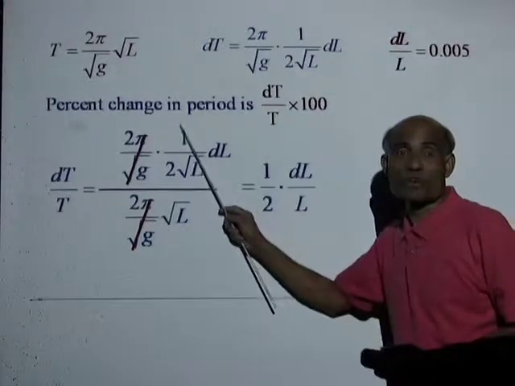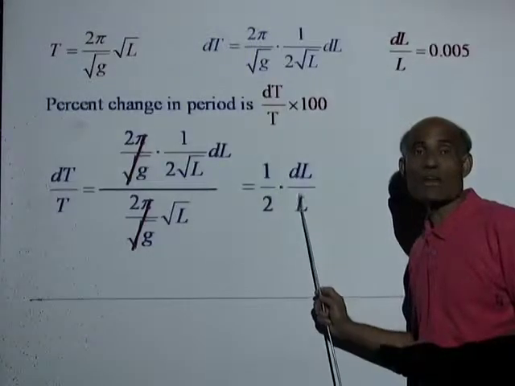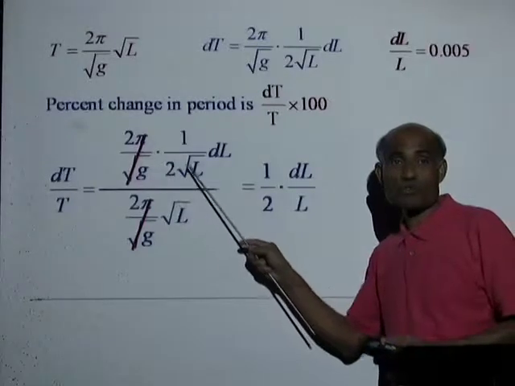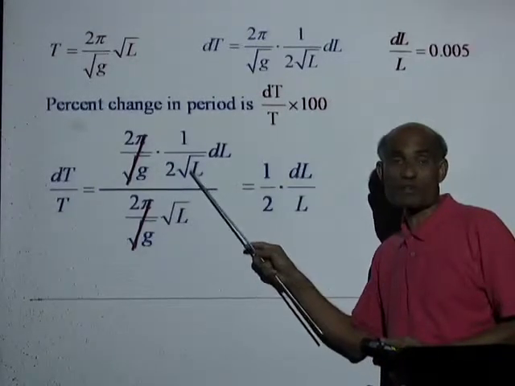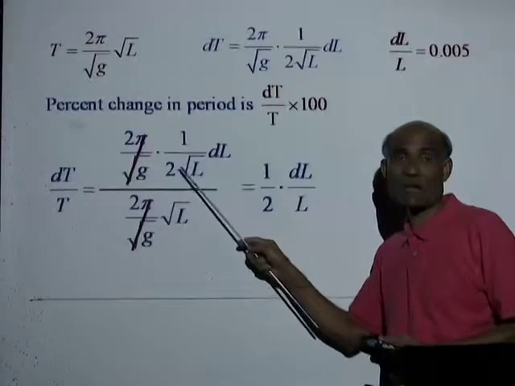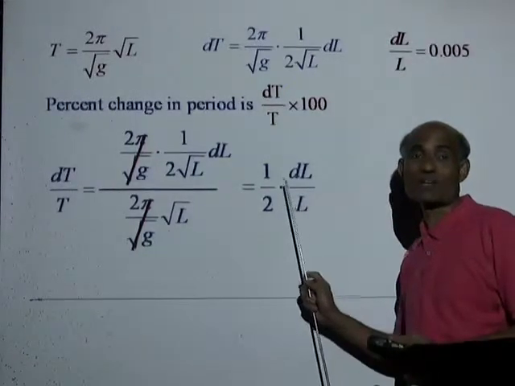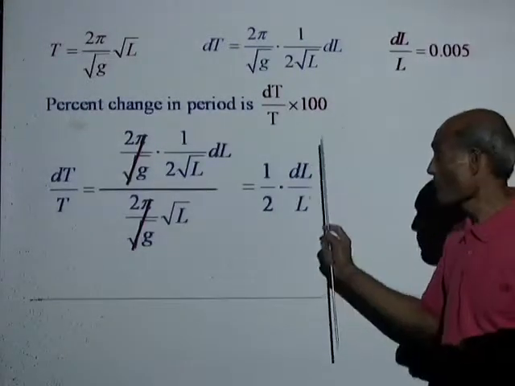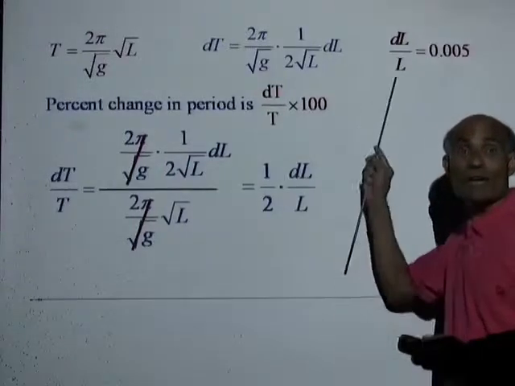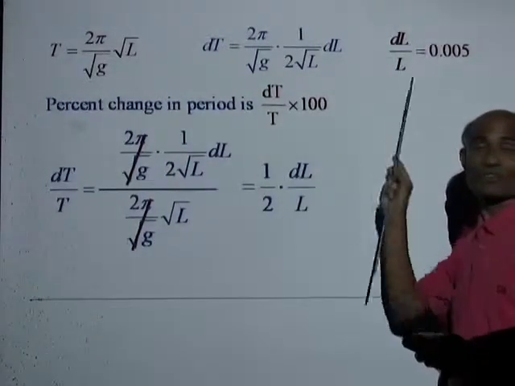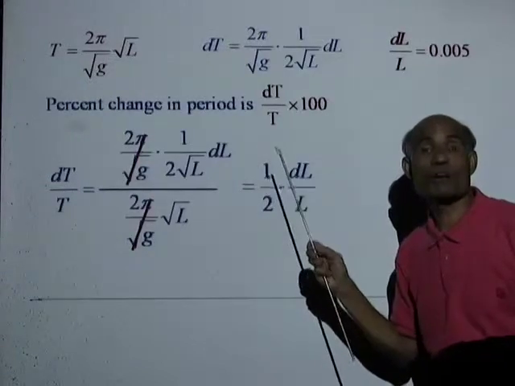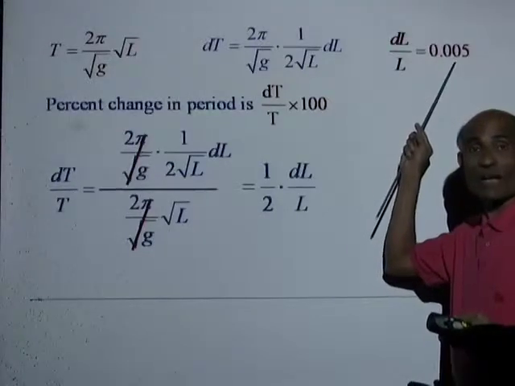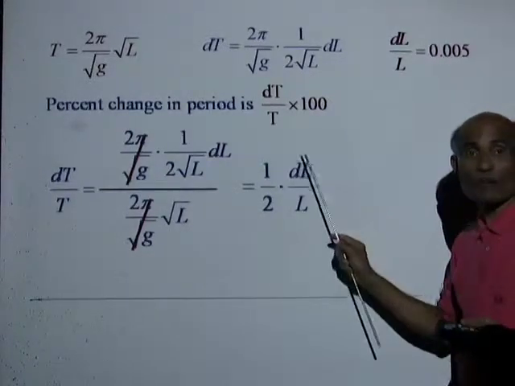And that gives you 1/2 of dL over L. In other words, dL divided by 2 square root L times square root L. Square root L times square root L is L, so 2L on the denominator. And I write it as 1/2 dL over L. Well, we know dL over L. That was given to us. dL over L times 100 was given to be 0.5%, and therefore dL over L is 0.005.